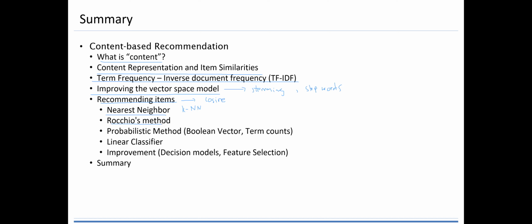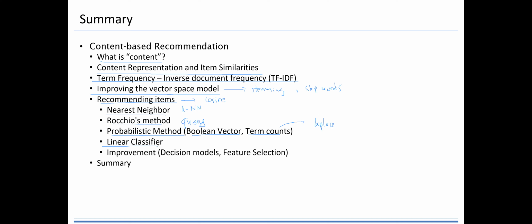Rocchio's method, so we want to find the query, okay, we want to improve the query. We use the probability method. We have two kinds of probabilistic: the Boolean factor and the terms count. So in the terms count, we also improve the formula with the Laplace to avoid 0.